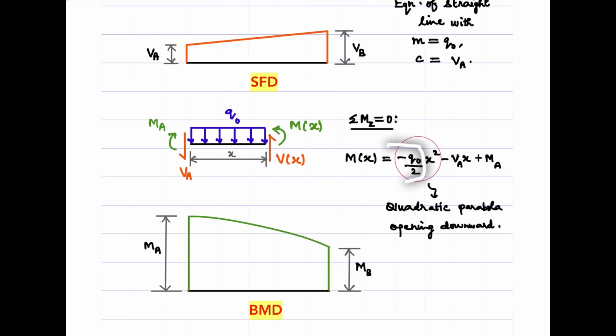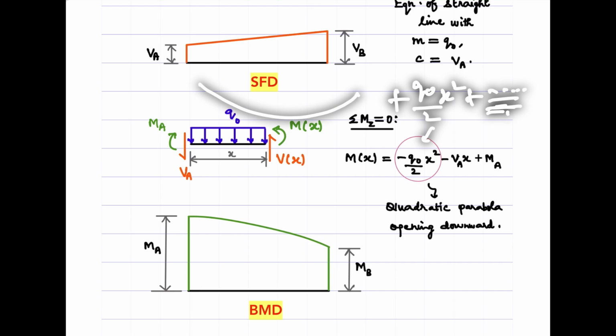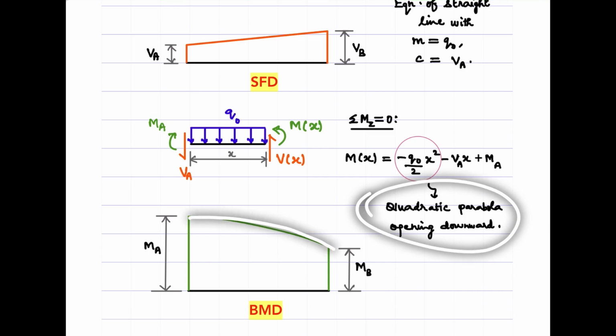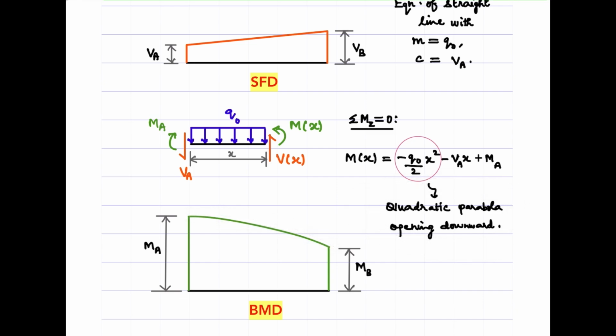The coefficient here contains a negative sign, which means the quadratic parabola in this case should be opening downward rather than upward. If it were a positive sign, it would be a parabola something like this, the other signs don't matter. But I have a negative sign here, which means the parabola should be opening downward. That's the logic with which we draw this bending moment diagram like this.